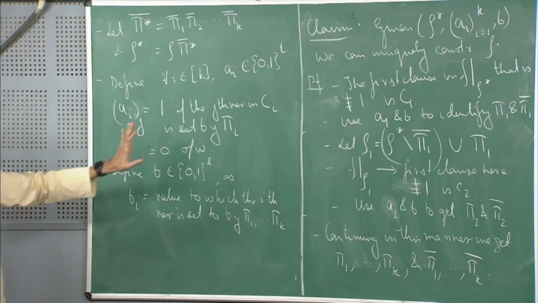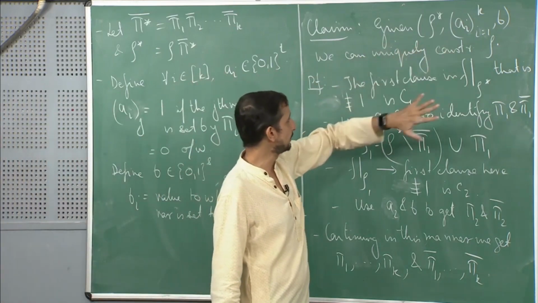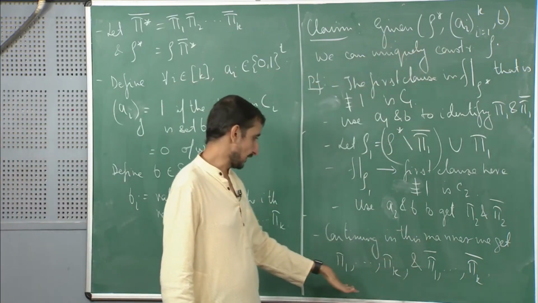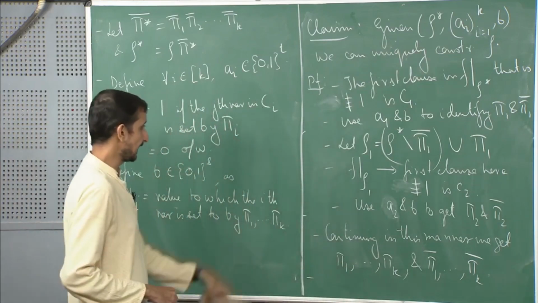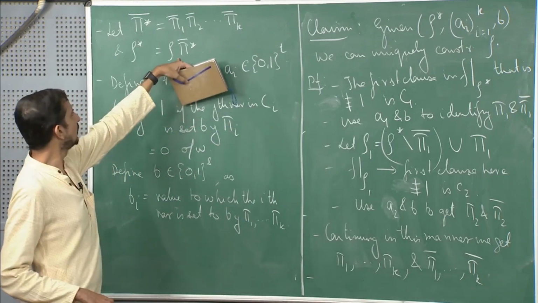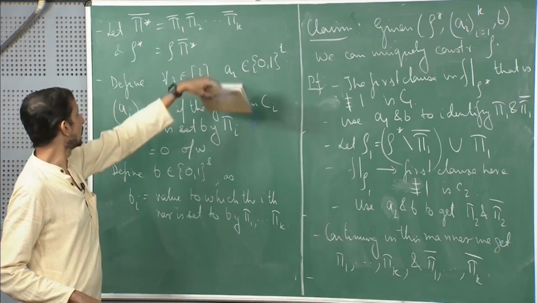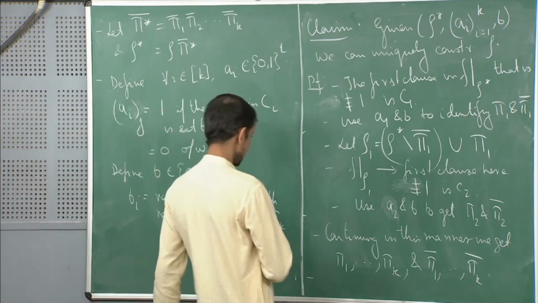So, this proves that it is an injective function. So, given rho star, A and B, I can uniquely recover them. So, I have gotten this. Now, I have all this. So, how do I get rho? I know all of this, I know rho star.